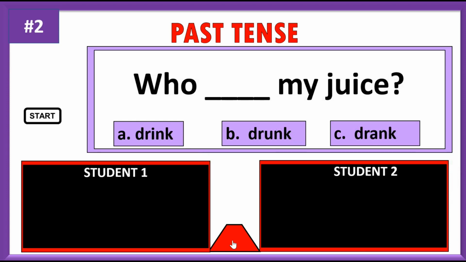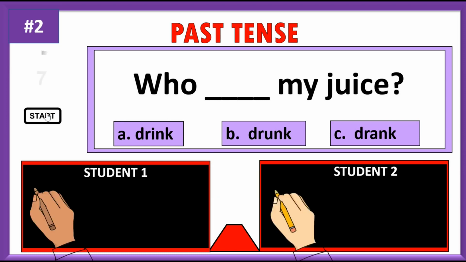Now you are given 3 verbs. You need to remember that there's only one correct verb and you're given 7 seconds to find it so that you can complete the sentence.